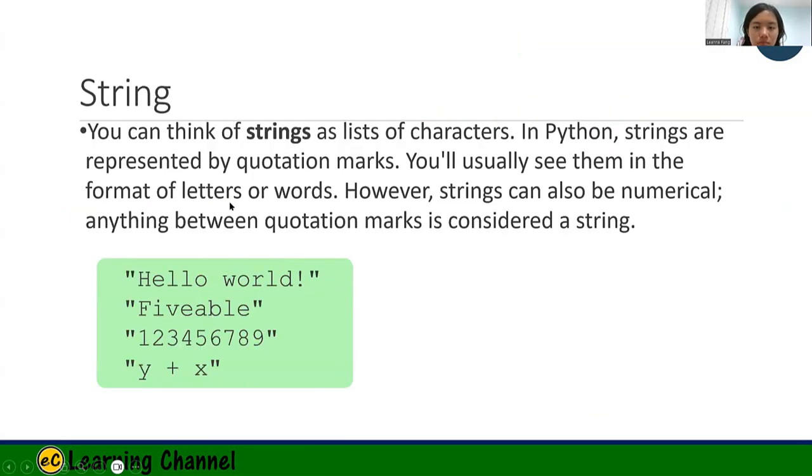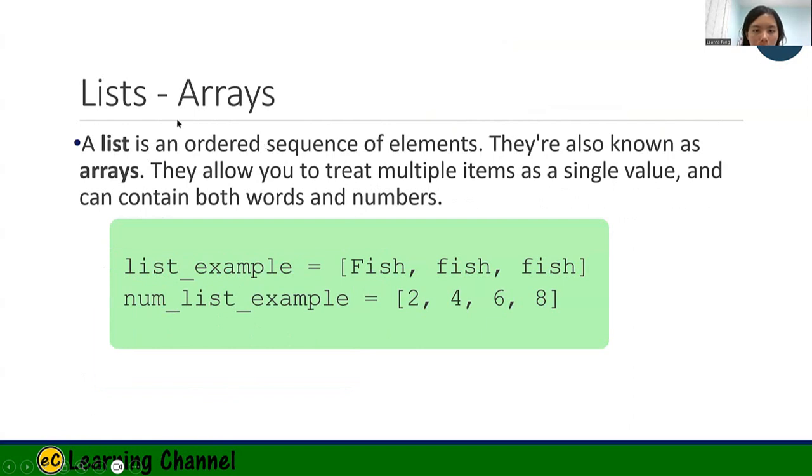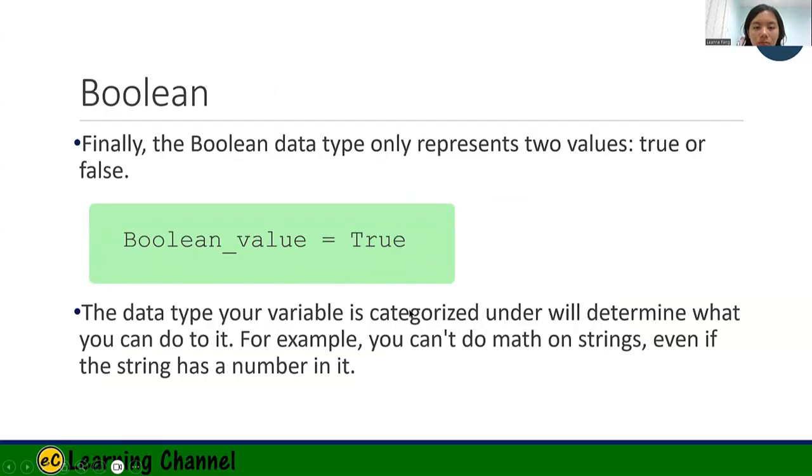String is a collection of text. List, or array, is actually a collection of data. In Python, your index starts from 0, 1, 2, but in the pseudocode that APCSP uses, the index starts from 1. Remember that when you test in the APCSP, the index starts from 1, not from 0.